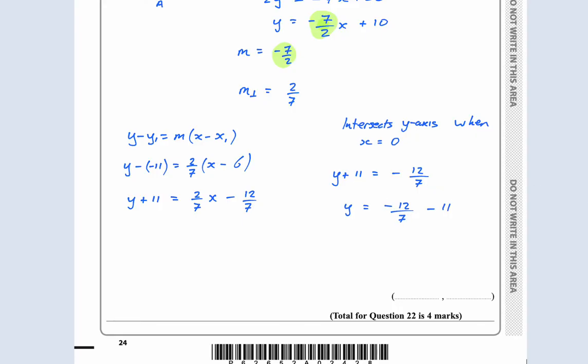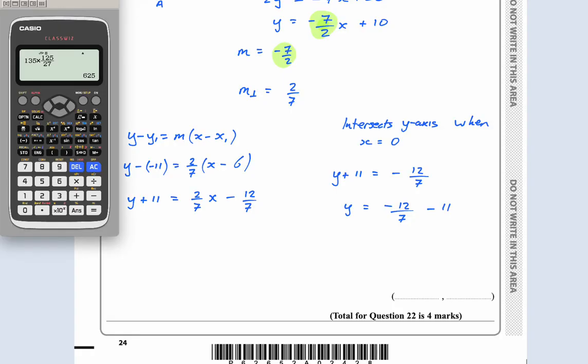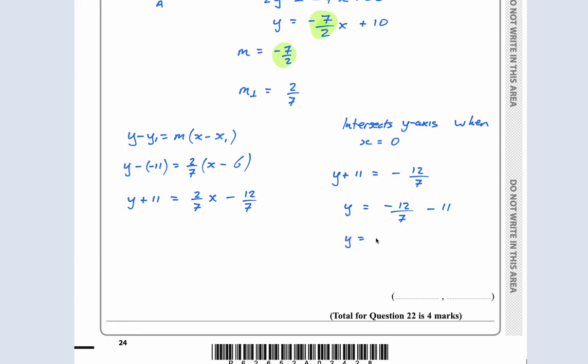I'll do this on my calculator, please. Negative 12 over 7 minus 11 is minus 89 over 7. So y is equal to minus 89 over 7. Where it crosses the y-axis, obviously x is 0 and y is minus 89 over 7.